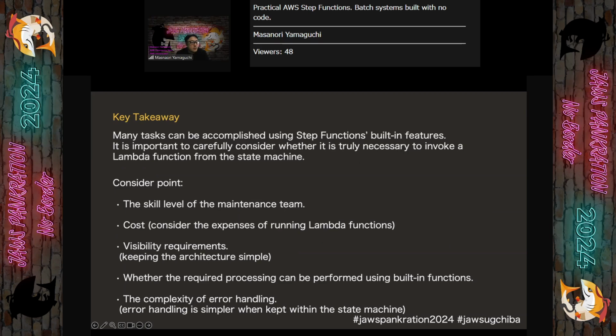If you use built-in Step Functions features, your state machine in Workflow Studio stays completely simple. Fourth, whether the required processing can be performed using built-in functions. Last, the completeness of error handling. I've summarized the key points for making a decision. Please make use of them.